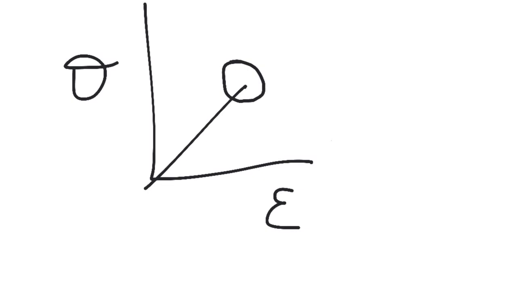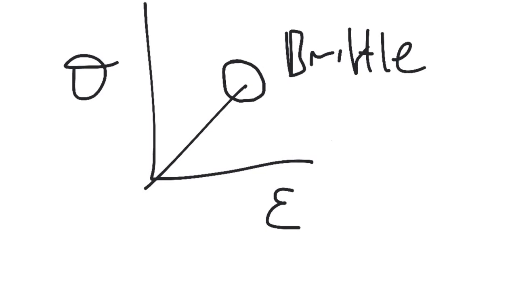At a point where it doesn't go any further, it is elastic all the way up until its breaking point, and then we call this a brittle material. It's brittle because it doesn't enter what we call a plastic region. It only behaves elastically up to a point, and then it just breaks.